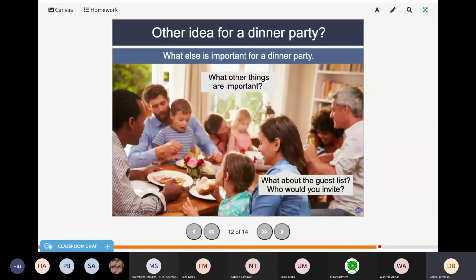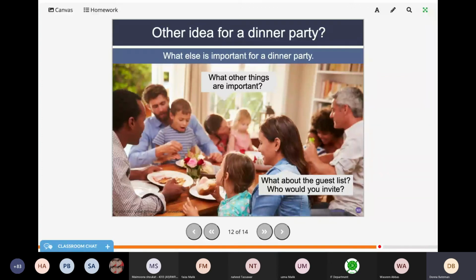What's important to you when you're going to a party? As well as how many people would you invite, who would you invite? Who would be on your guest list? Sometimes it's fun to write a guest list of anybody.